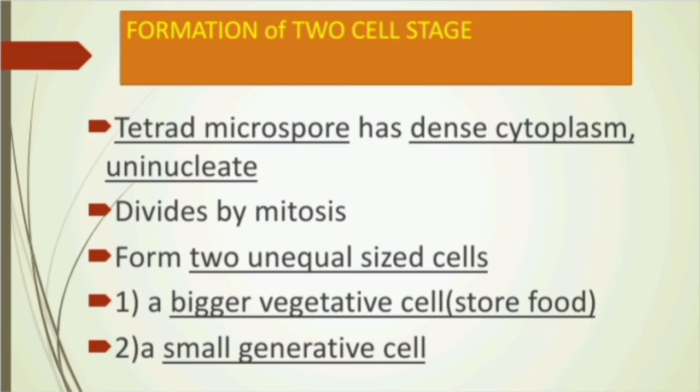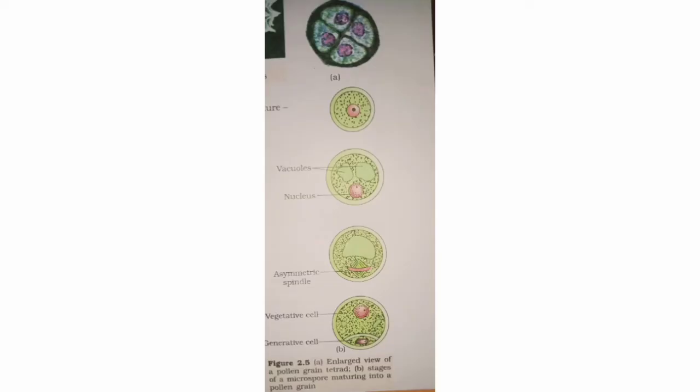Okay, so now look at this picture. Initially I have taken the four tetrad microspores. Okay, and now those four tetrad microspores have the ability to form the vegetative cell as well as the generative cell. So among those four tetrad microspores, I'm going to zoom in on only one microspore.